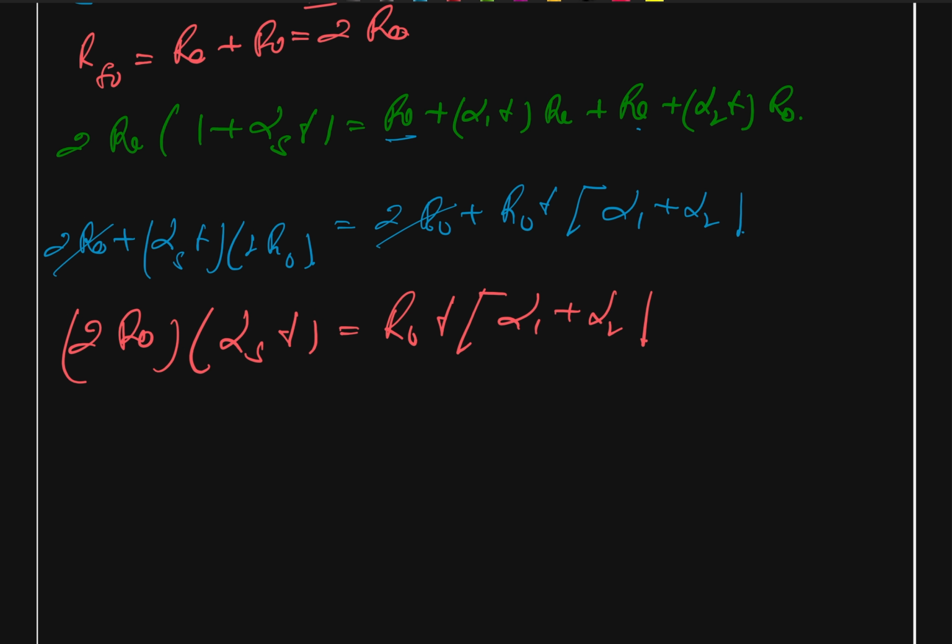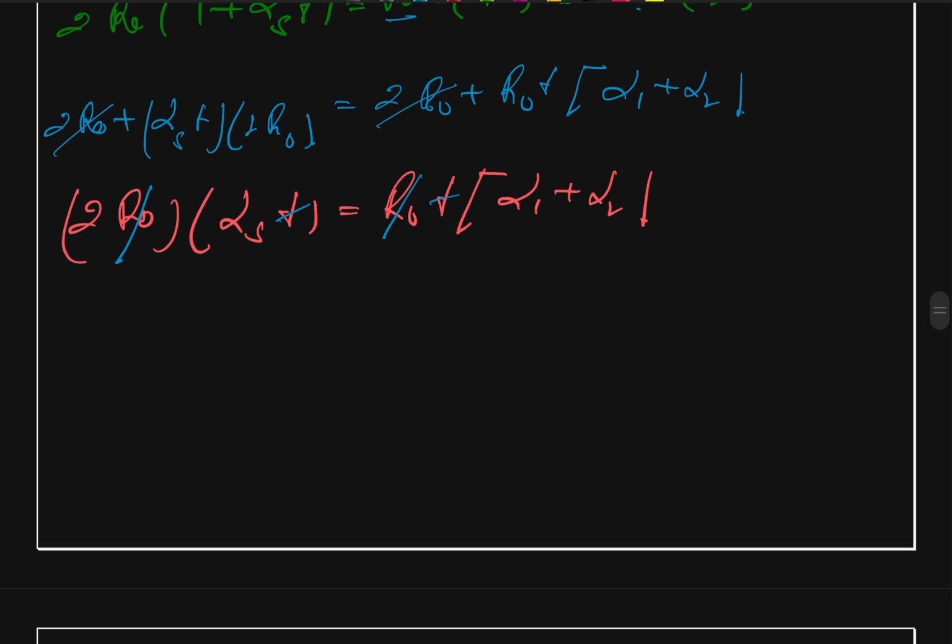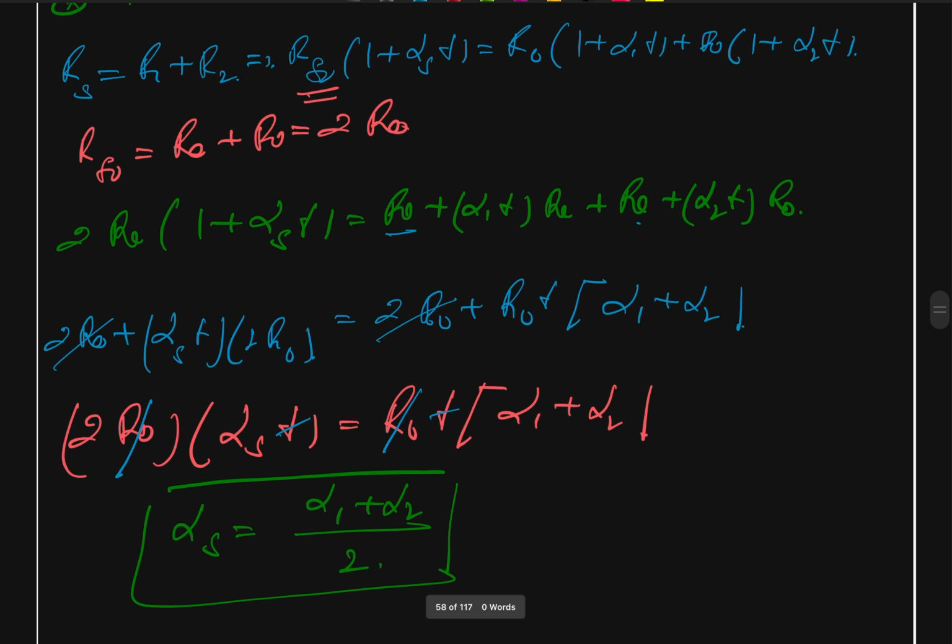Here T and T, R naught and R naught cancel. Now we get that for series, alpha S is equal to (alpha 1 plus alpha 2) divided by 2. So this is the net temperature coefficient for the series combination.